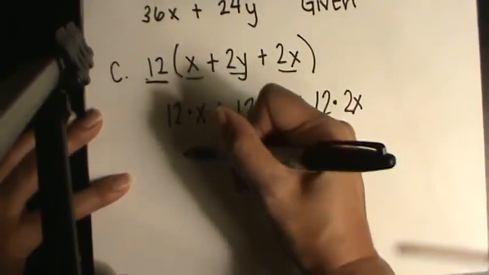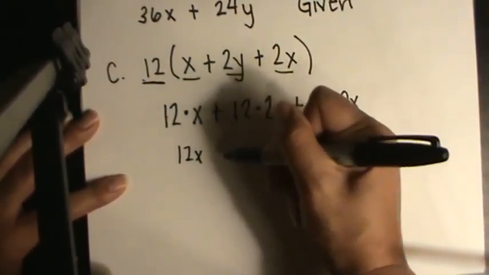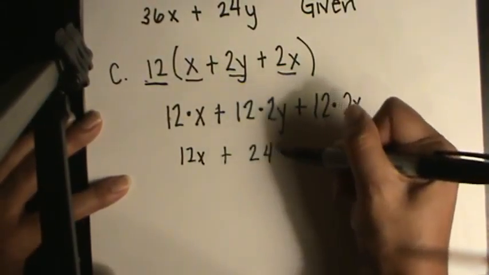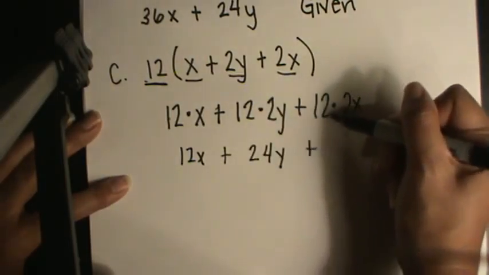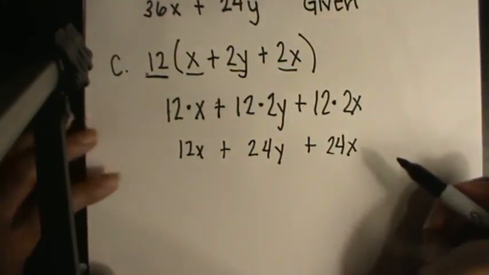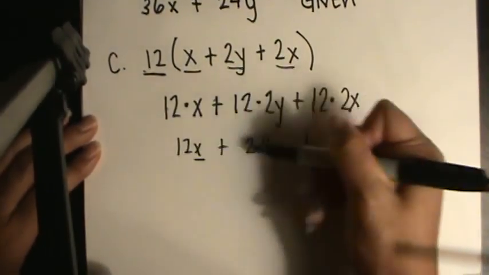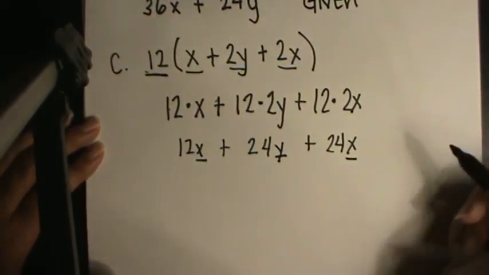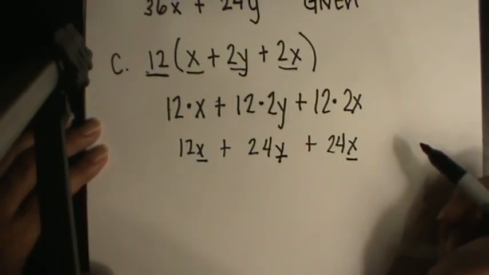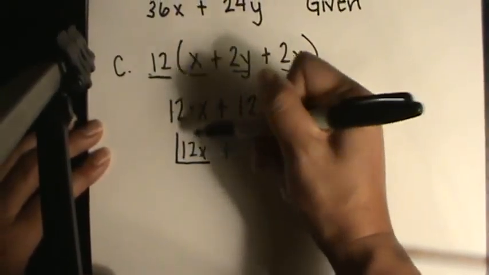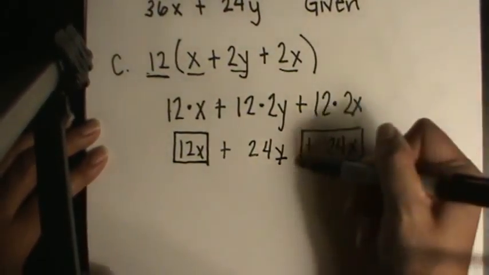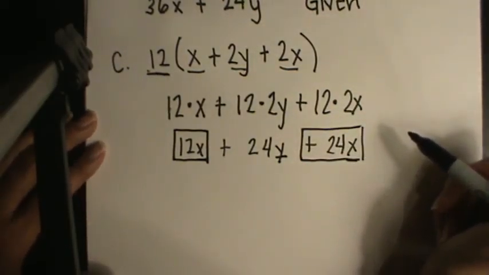12 times x, 12x, plus 12 times 2y, 24y, plus 12 times 2x, 24x. Now I look and see if there are any like terms. Do I have any terms that have the same variable parts? Well, yes. 12x and 24x both have the same variable parts.